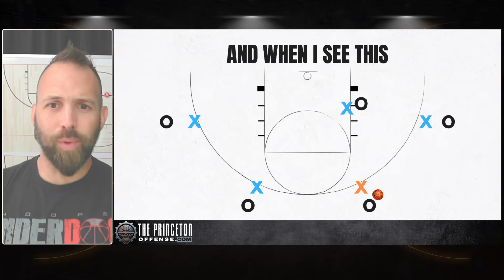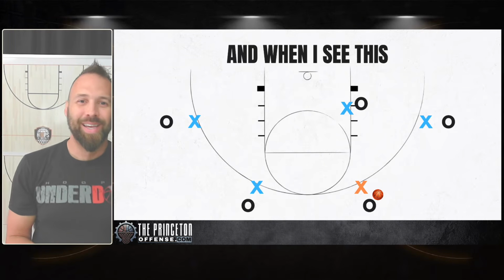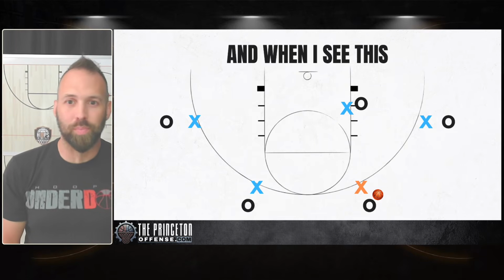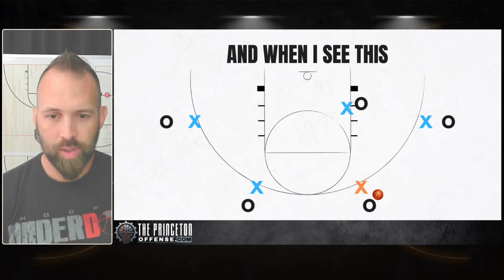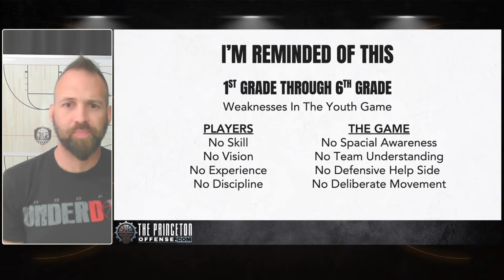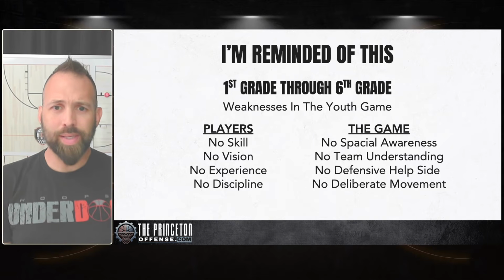When I look at the youth level, this is what I see. When I look at the professional level, this is kind of what we see. And it's frustrating for me to watch the pros, and this is where they're playing defense a lot of the time. And no wonder the style of the game is the way it is. All right. So, reminding of this, the weaknesses in the youth game.